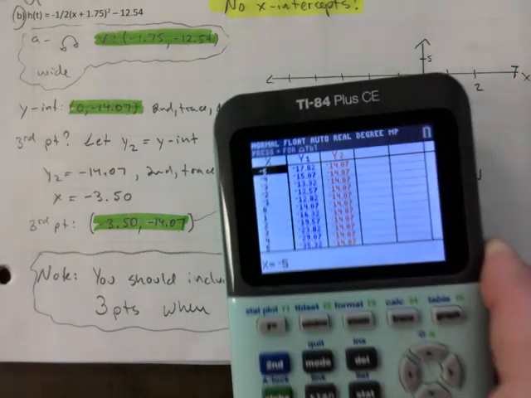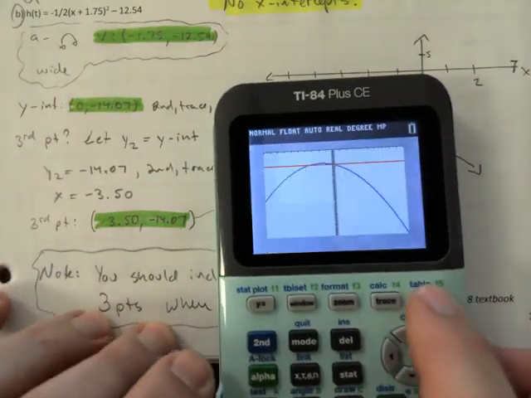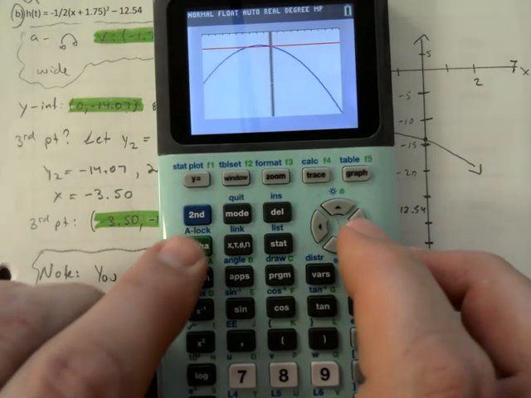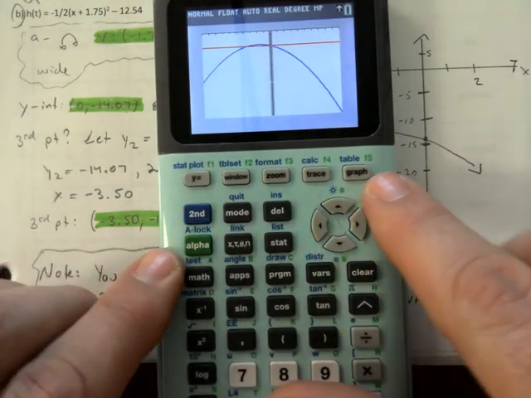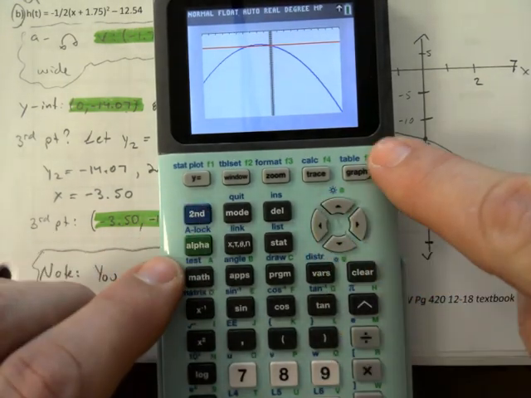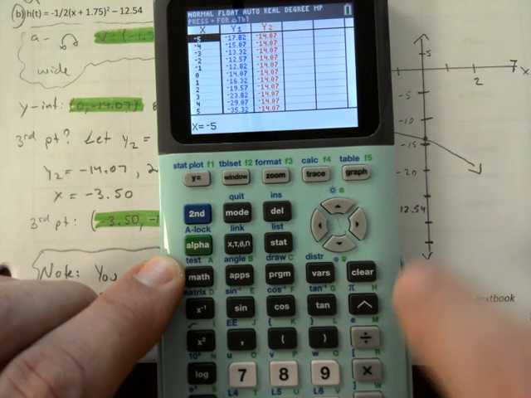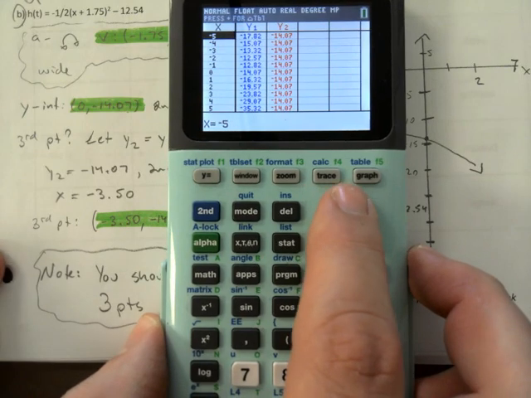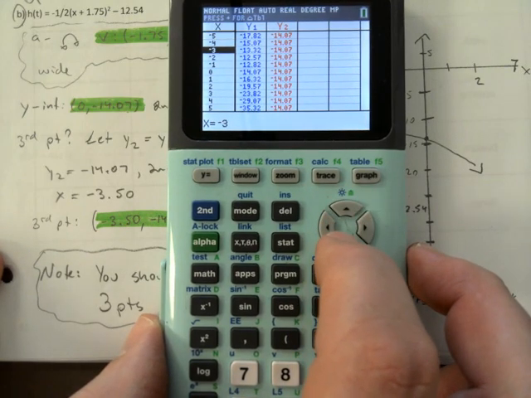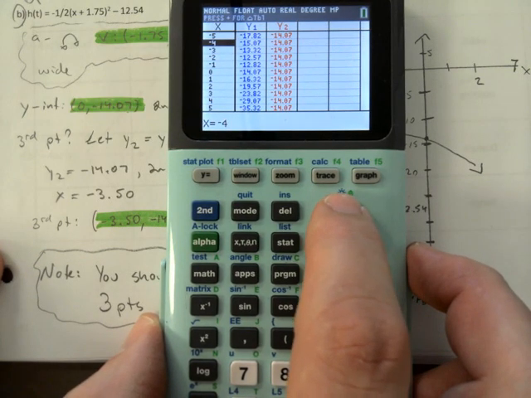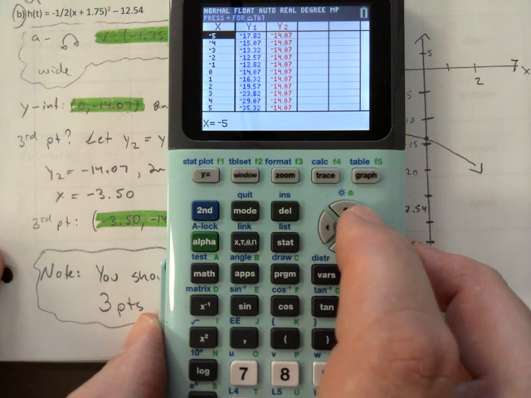If on your calculator, once you've graphed, you press second and then second graph, you're actually accessing a table of values. Notice this. It shows you when x is equal to, let's say, -5, on our curve we are at -17.82.